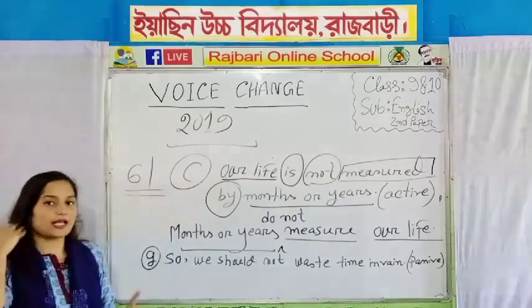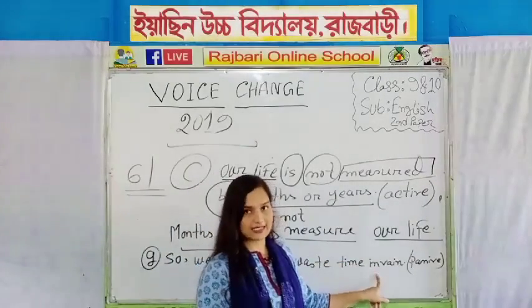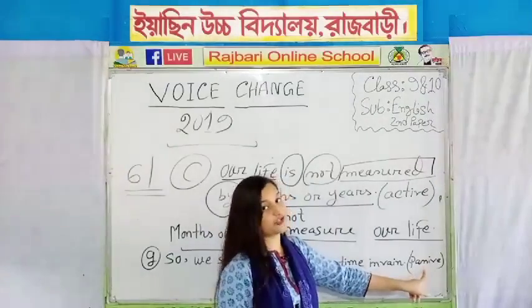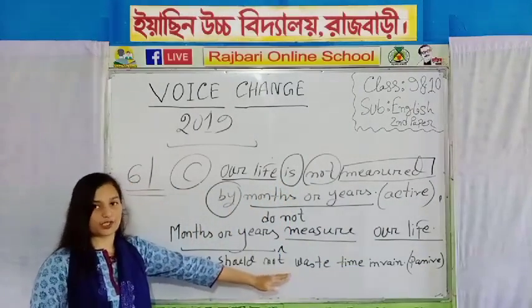That means the instruction is that you have to transfer this sentence into passive voice. It has been written down here. That means this sentence is in active voice, right?